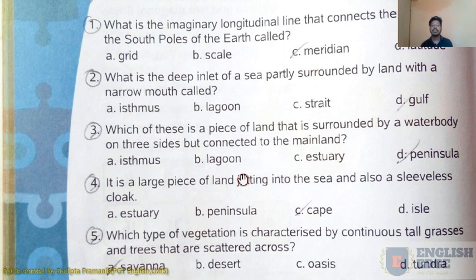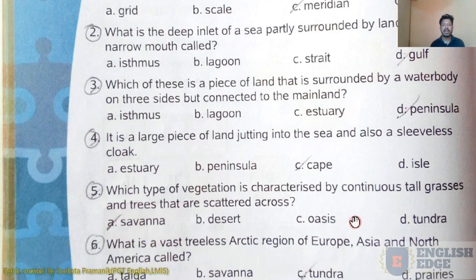Gulf. Which of these is a piece of land that is surrounded by a water body on 3 sides but connected to the mainland? That is peninsula. Question number 4. It is a large piece of land jutting into the sea, also a headland. That is cape.